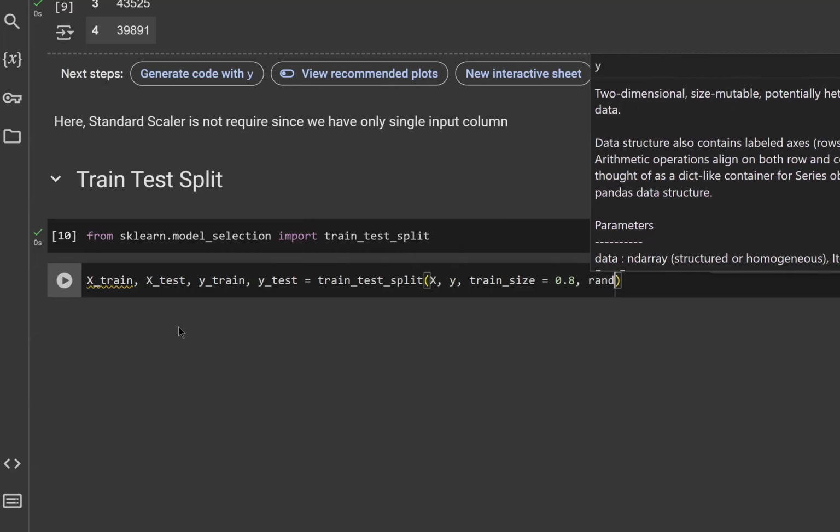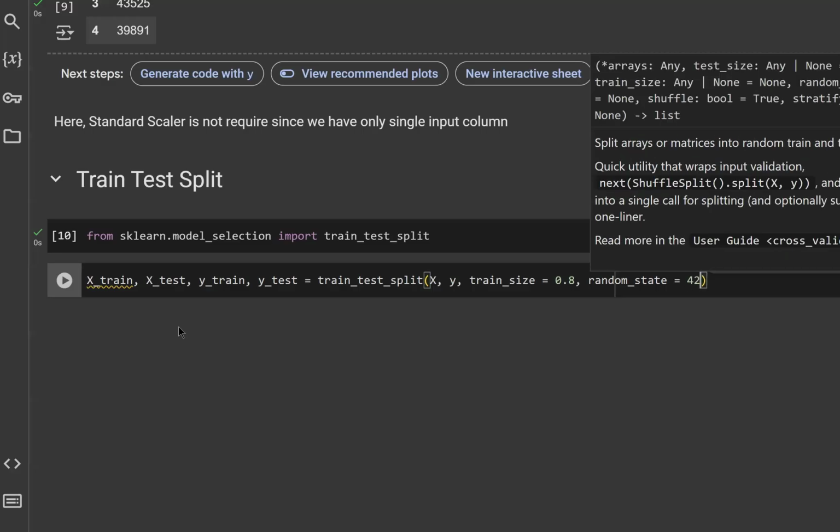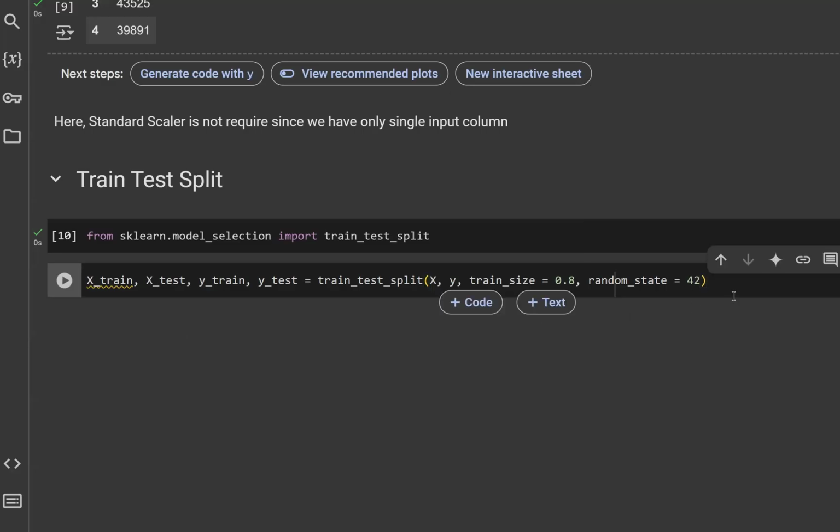What is random state? 42. What is the meaning of it?